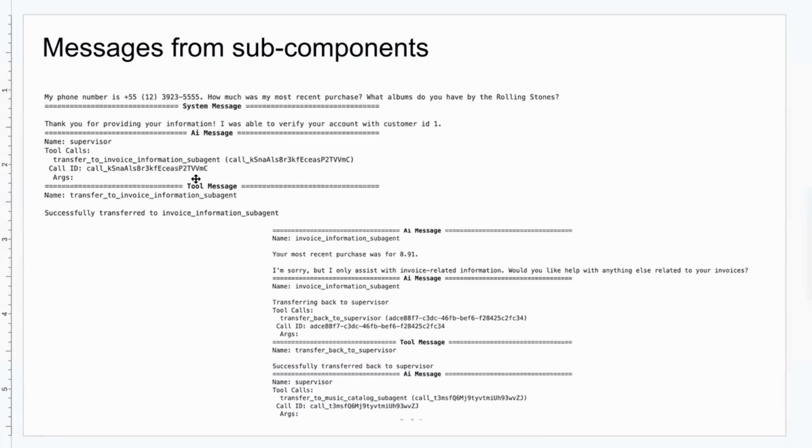So as a developer, during development and maybe troubleshooting time, we need to be familiar with what kind of messages are exchanged between your agent code and the LLM. That is a very key aspect of developing good agentic software.